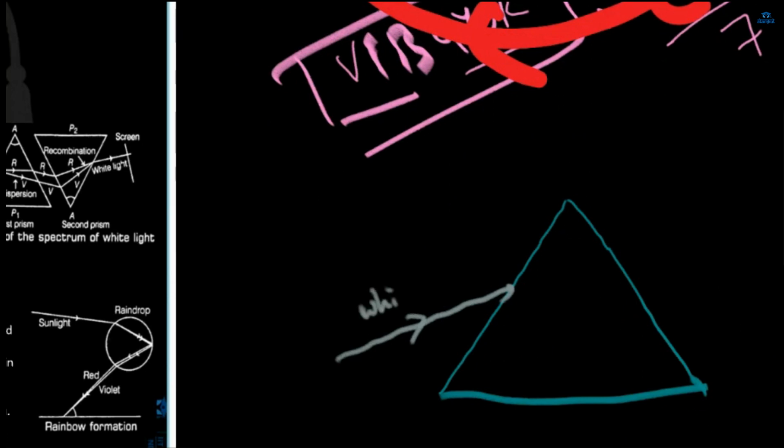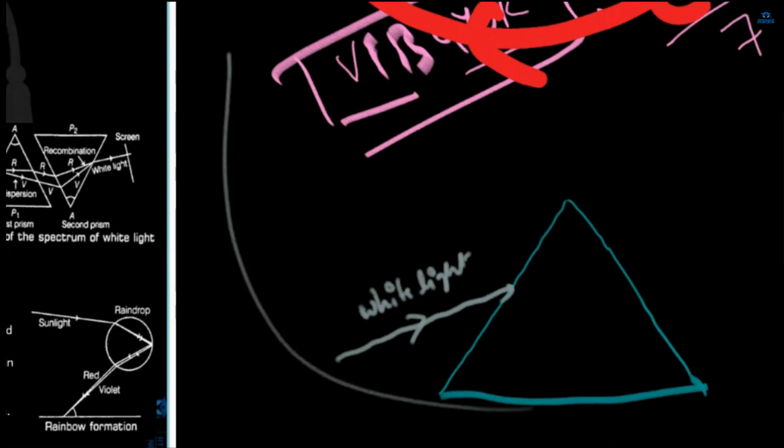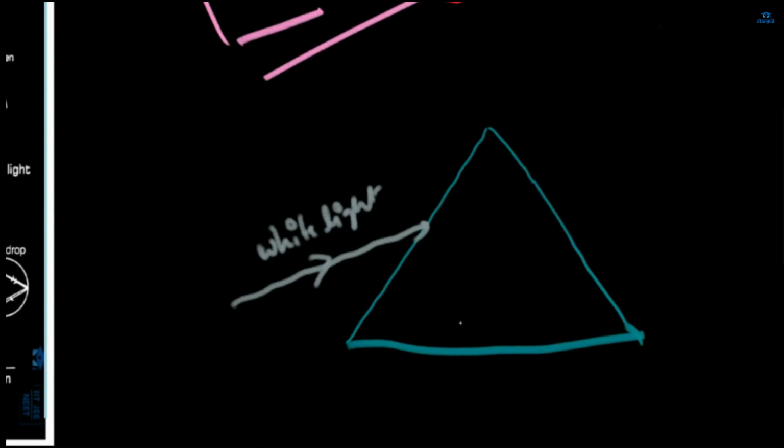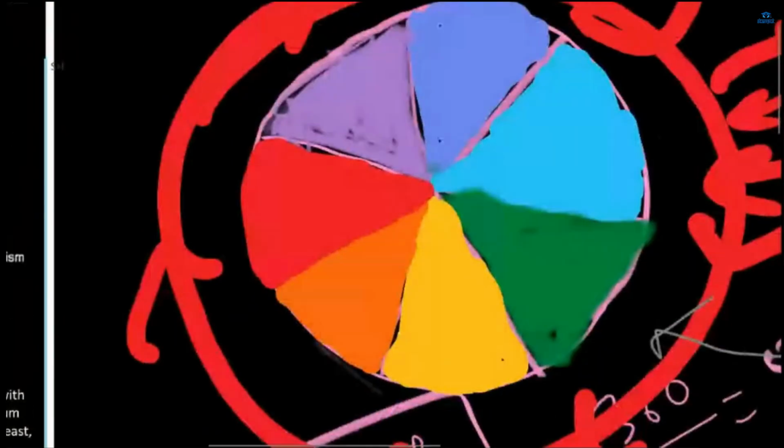This is our white light. I'm not drawing it with white color because these pages come in the PDF, so white on white will not be visible. So I'm drawing with gray color. Suppose this is white color, and this white light will be dispersed into these seven colors.